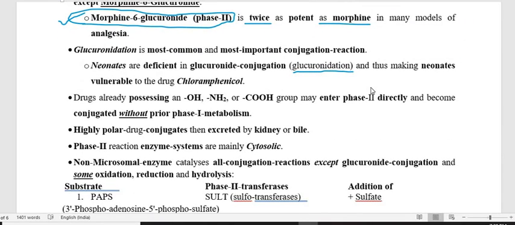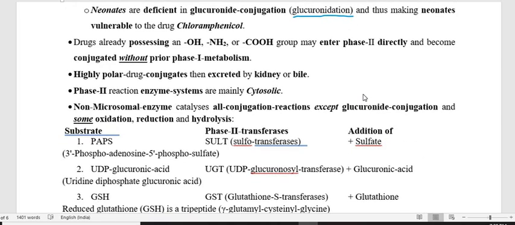As we already discussed, this occurs in the cytosol. So the enzymes of the phase 2 reaction are present in the cytosol.